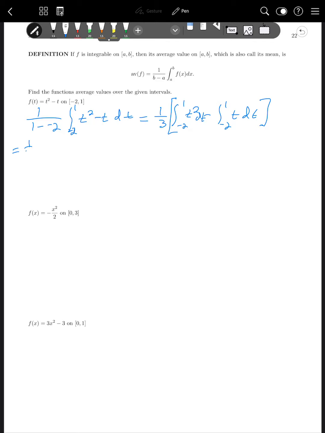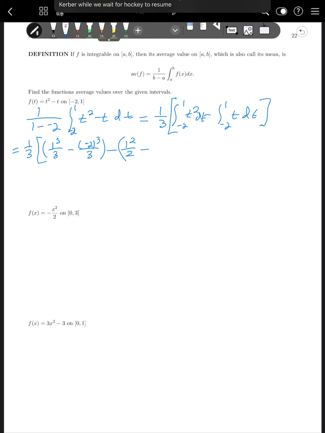So this would be 1/3 times b to the third over 3 minus a to the third over 3, minus, and then I do the second definite integral, so that's b squared over 2 minus a squared over 2.